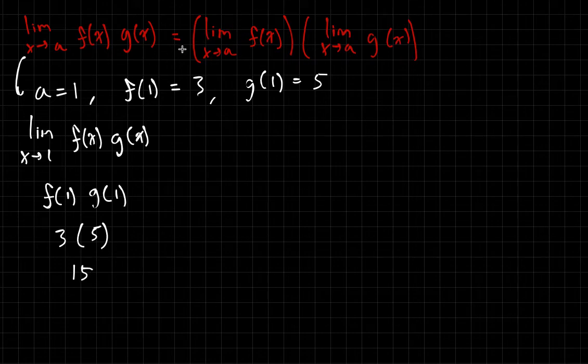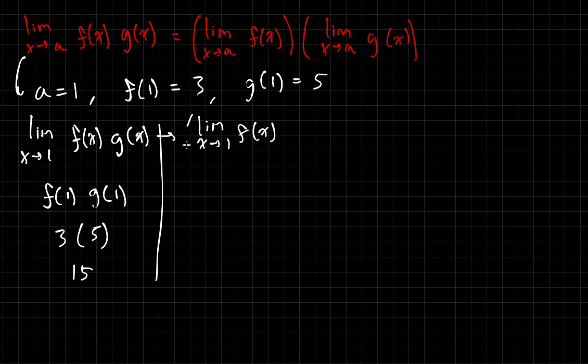So now let's try this property. Let's rewrite this expression using the property. According to the property, we can rewrite this as the limit as x approaches 1 for f of x times the limit as x approaches 1 for g of x.